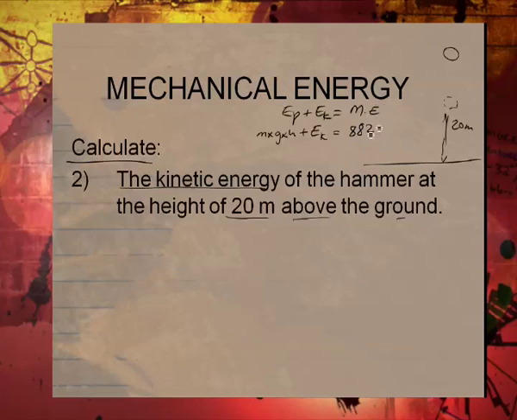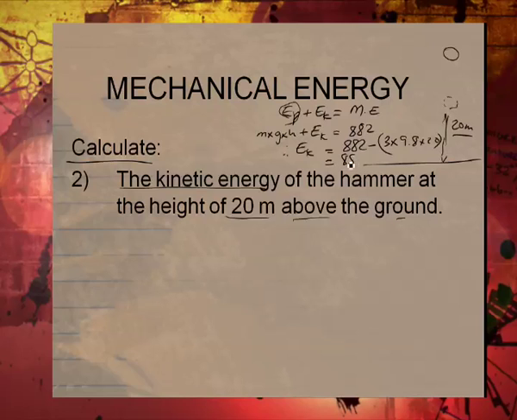We have found it to be 882, so EK equals 882 minus EP. What is EP at 20 meters above the ground? It will be 3 times 9.8 times 20. Let's work it out quickly: 3 times 9.8 times 20 is 588.